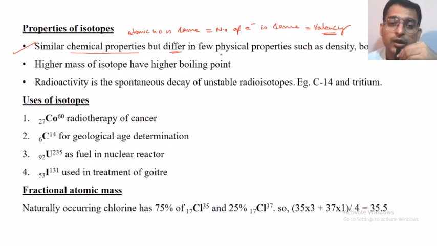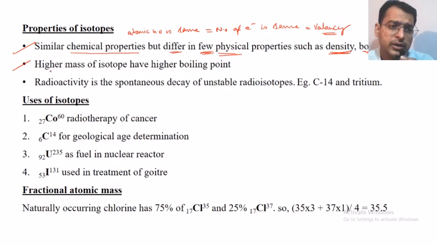Okay. Their physical properties are different, such as density and boiling point. Okay, few of them may be different. It is not that all physical properties of the isotopes will be different. Few of these physical properties can be different, particularly density, boiling point and all. Okay, what happens is the heavier isotopes, it is the heavier, not higher.